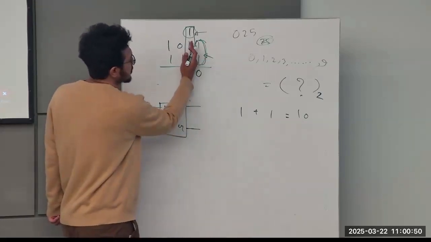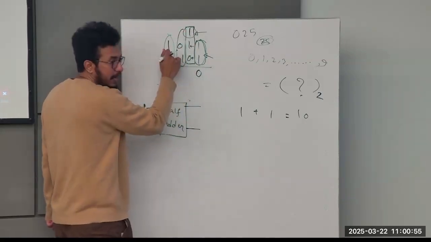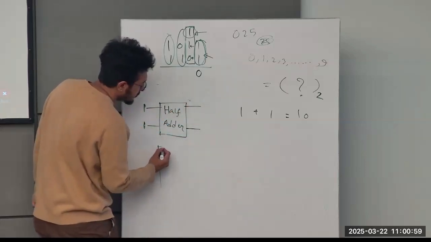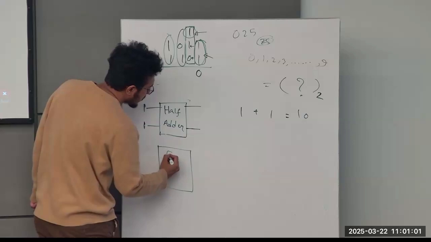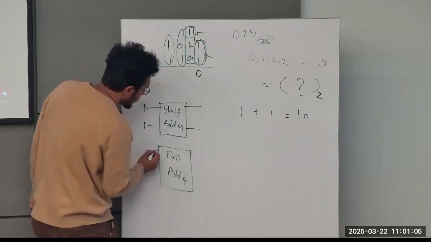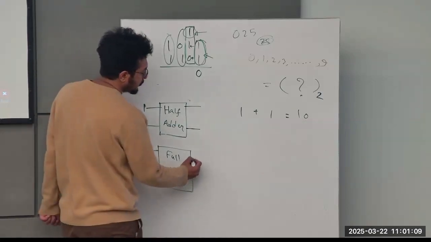But for the next subsequent bits, for example here, for adding this, we need another block. We will call it a full adder. So what does a full adder look like? A full adder has three inputs instead of two inputs and two outputs.